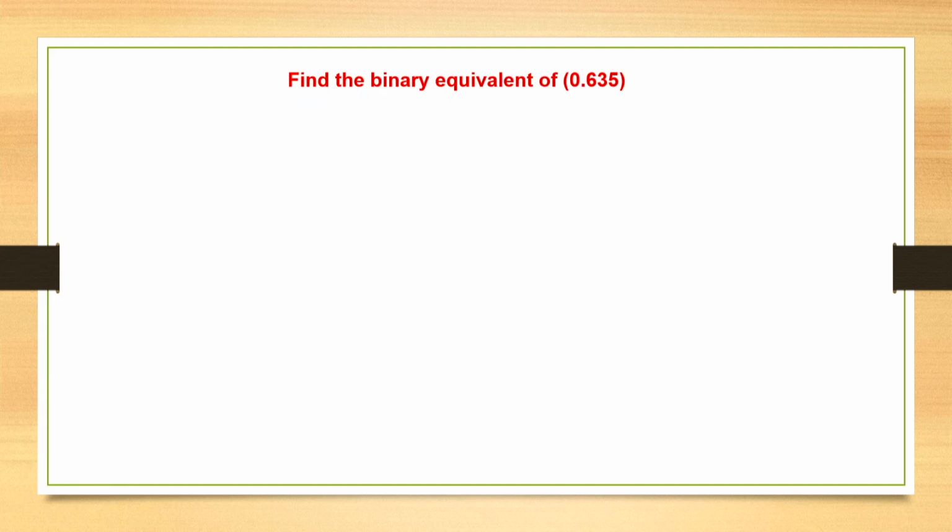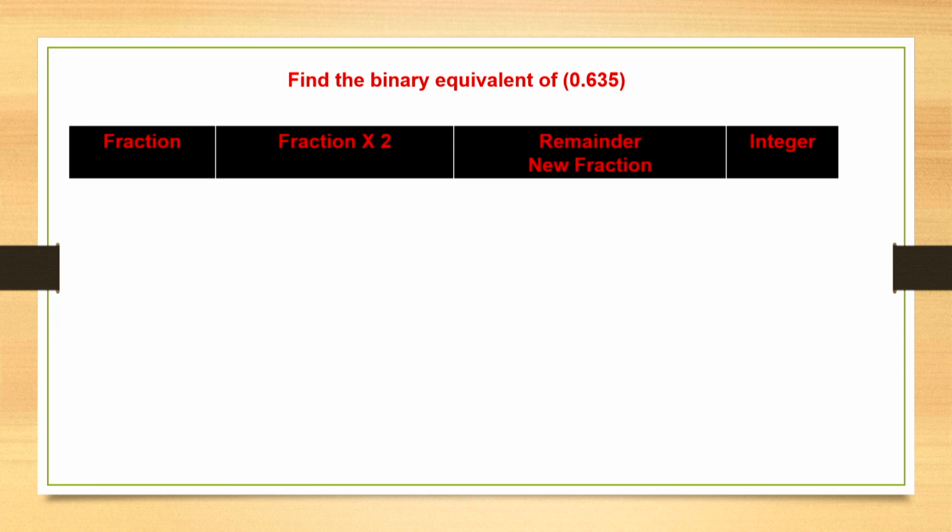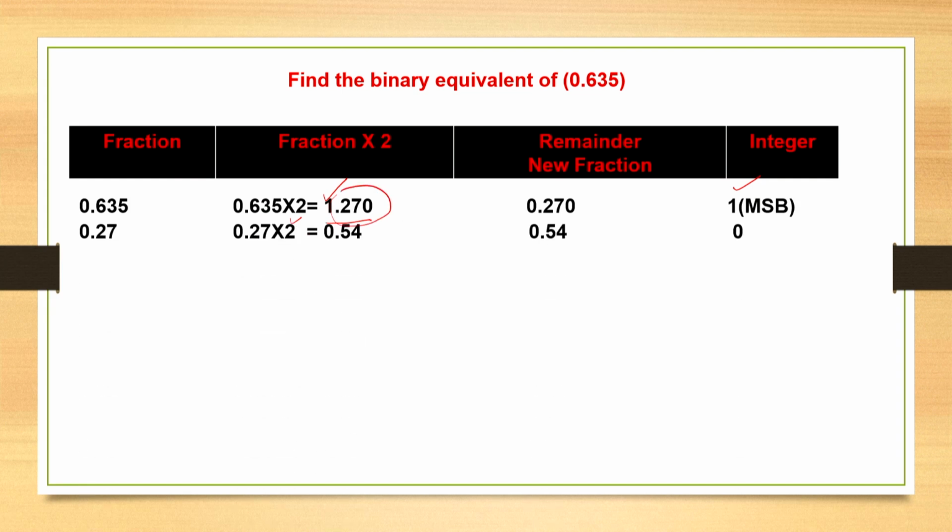Let us take another example to find the binary conversion of 0.635. So, here the fraction is 0.635. We multiplied it by 2. Now, we obtain 1.270. This one is stored over here, and then this 0.270 will be taken for the next step, which is multiplied by 2 again.